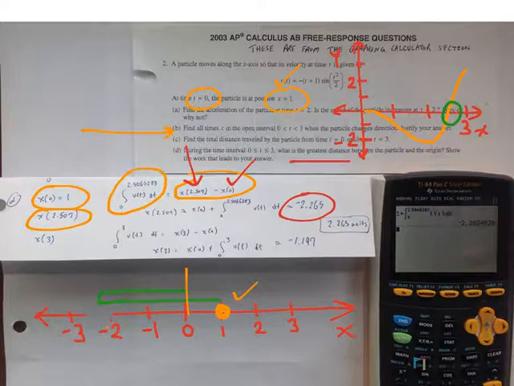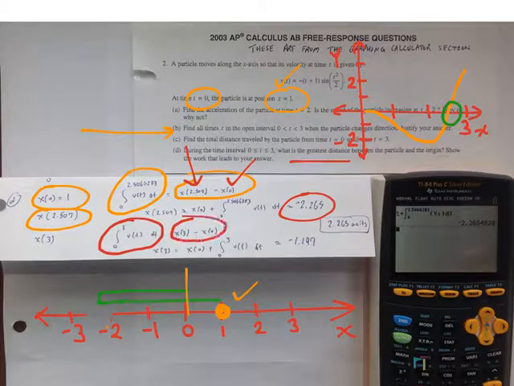What is the position of the particle at time t equals 3? Again, if I want just the position of the particle at time t equals 3, I can take the definite integral of the velocity function from 0 to 3 seconds using the fundamental theorem of calculus. I know it's the position at 3 minus the position at 0. I can solve for the position at 3 seconds using my graphing calculator, and this is what I get.